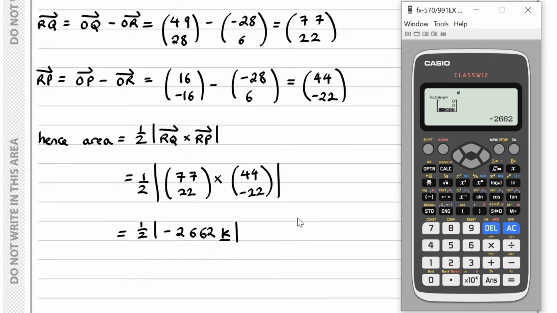So finding the magnitude of this, we get 1/2 times 2662. So therefore the area of PQR is equal to 1331 units squared. Okay.